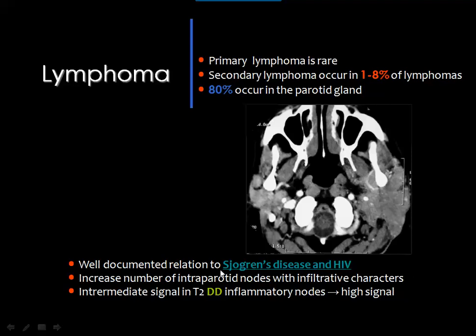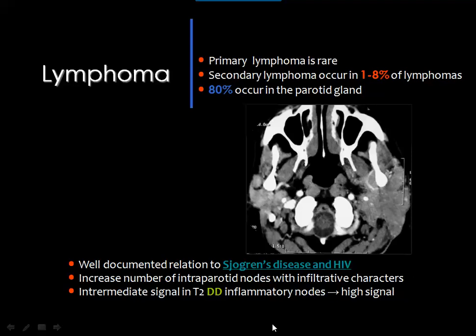You know the intimate relation between Sjögren and non-Hodgkin lymphoma, and also the intimate relation between HIV and lymphoma. Then you get an infiltrative lesion, which is affecting the parotid gland and invades the surrounding structures. This is the criterion of malignancy.